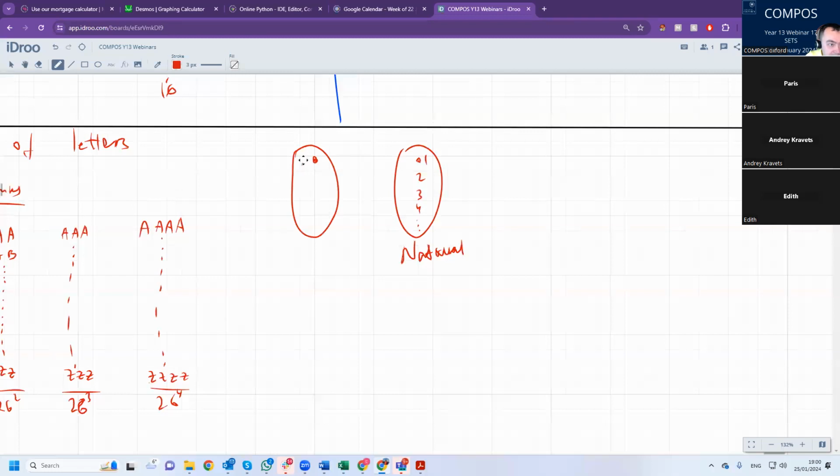And if you can assign each word a number, that means it is countable.